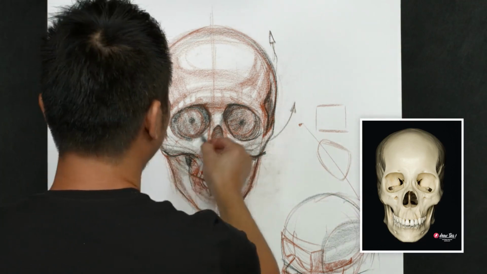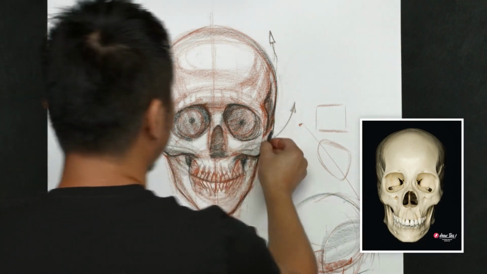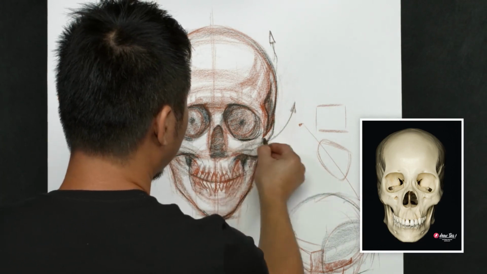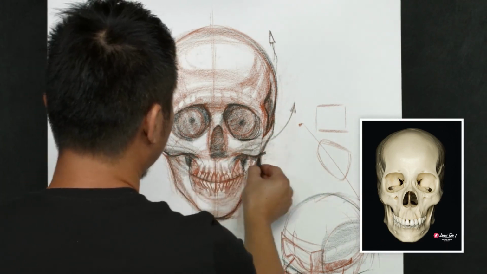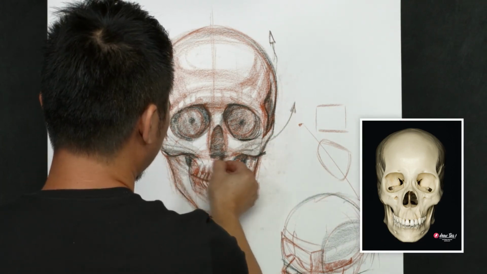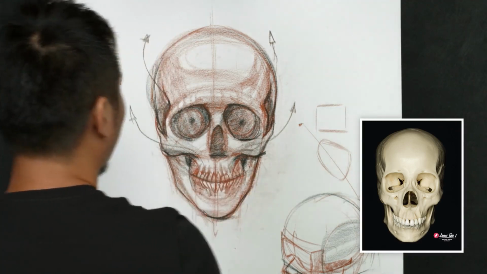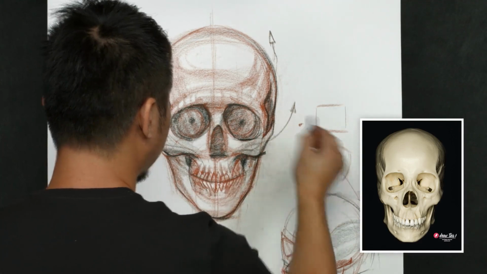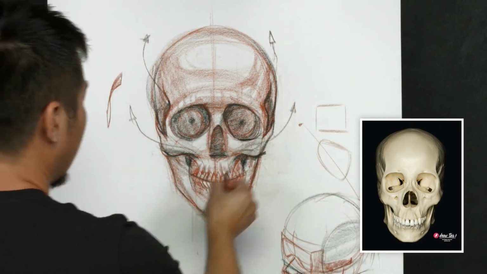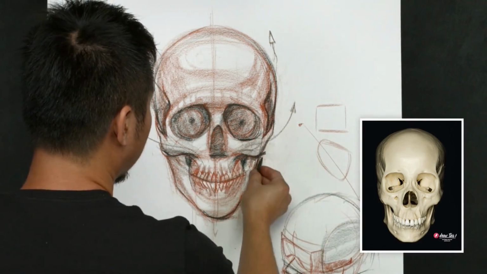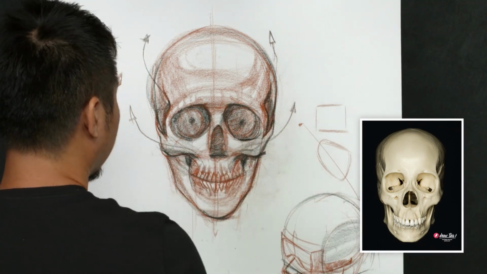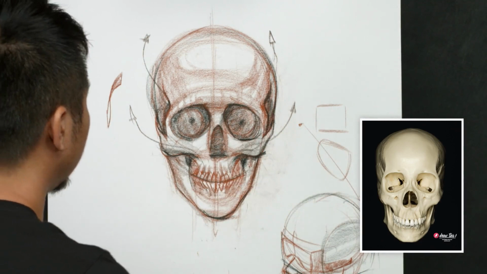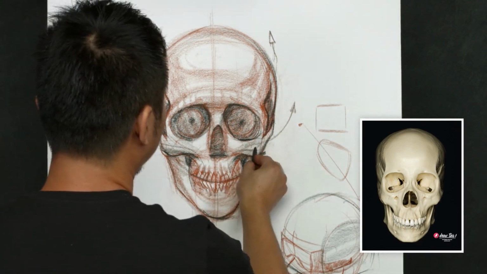Again, I'm going to review the alignment. This is the bottom of the eye socket lining out to the top of the cheekbone. The bottom of the nose lines out to the bottom of the cheekbone. The only difference is when that bottom cheekbone turns to the side, which we're going to look at in the side view next, it's actually going to rise up. It angles up, and then it's going to stop right in front of the ear.